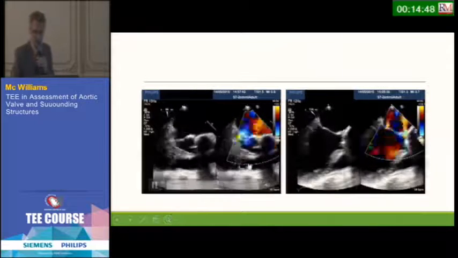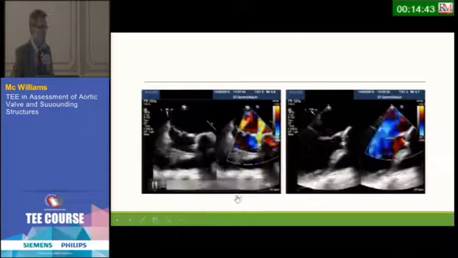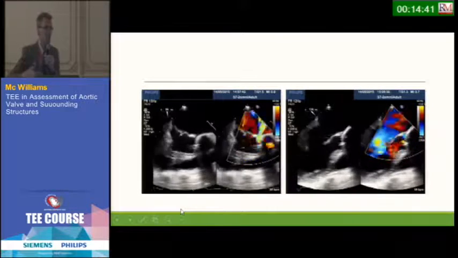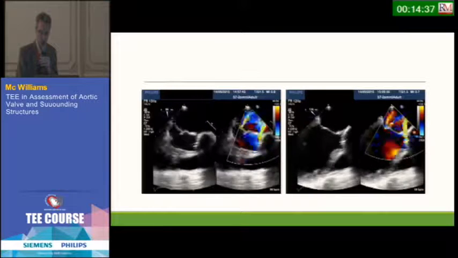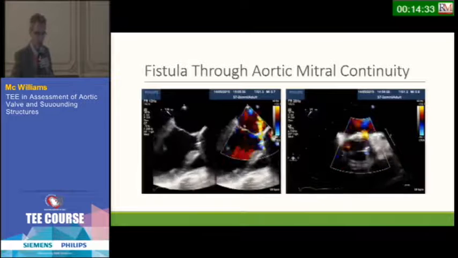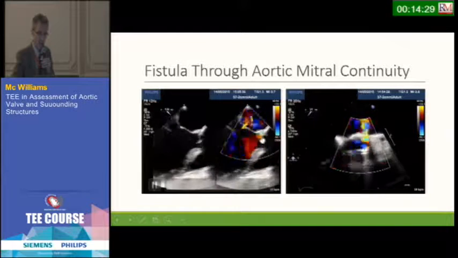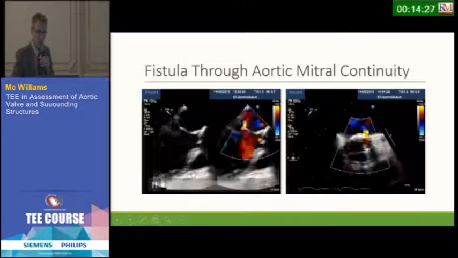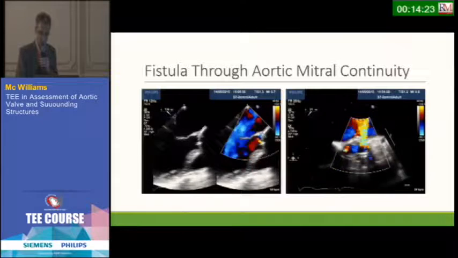And you can also see here what some people call the designer jets. These valves are designed to have little cleaning jets to prevent platelet and fibrin aggregation. So when you look at both of these images, it's a fistula just below the aortic ring, through the aortic mitral continuity into the left atrium.